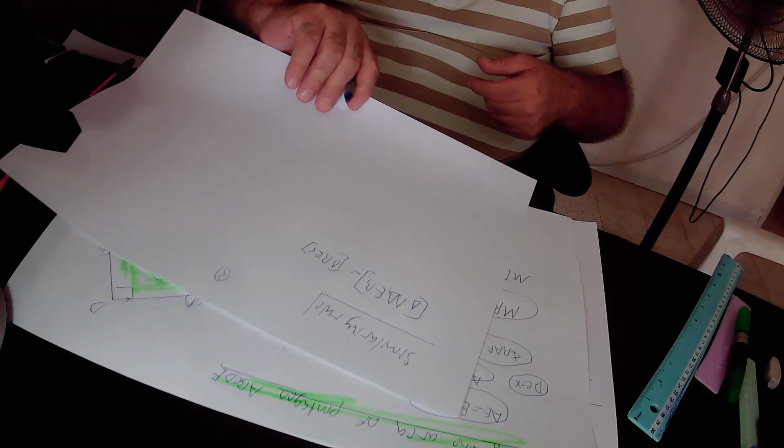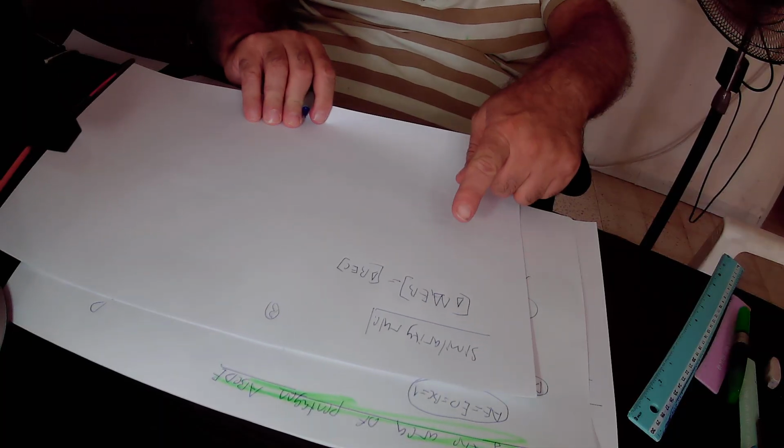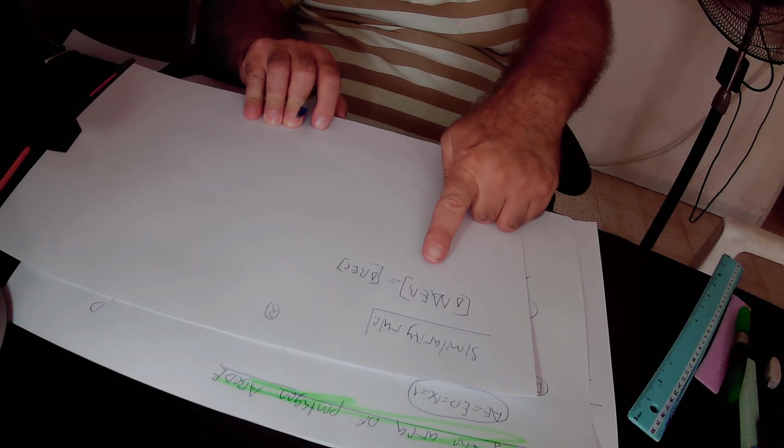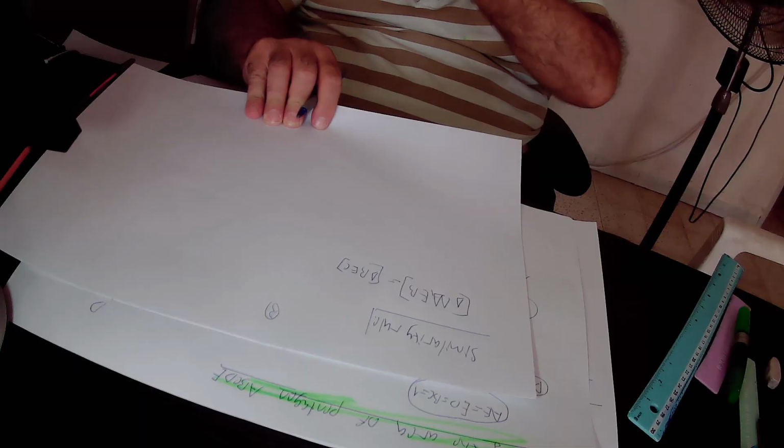Altogether, from the fact that triangle MEB can go to triangle BEC, they have the same area. So the area of triangle MEB equals the area of triangle BEC.